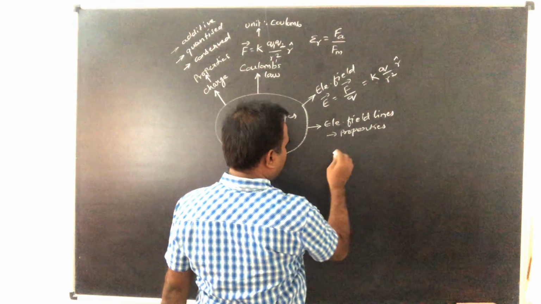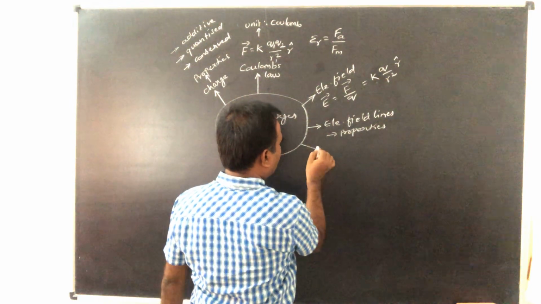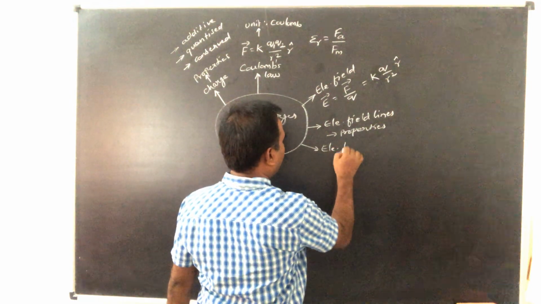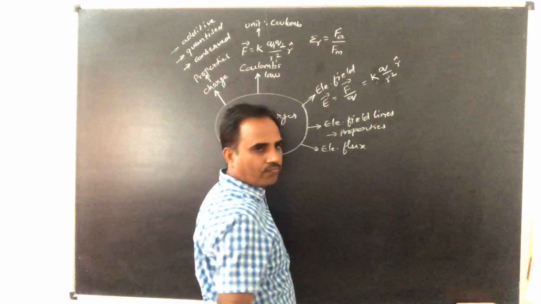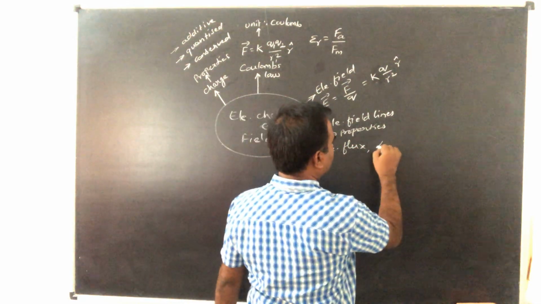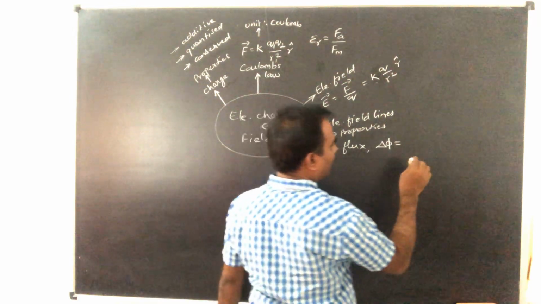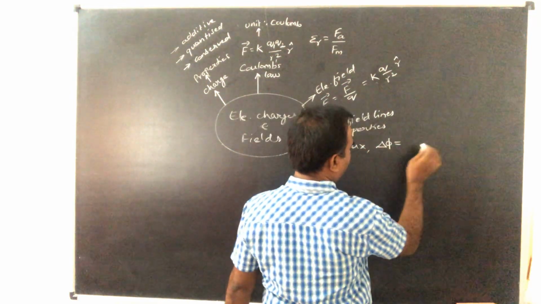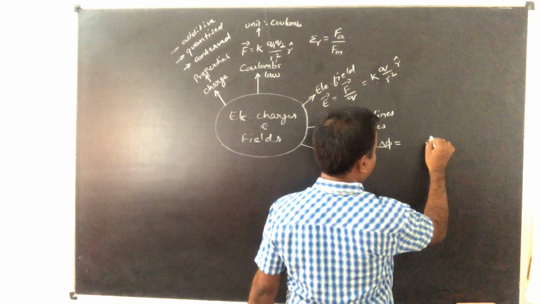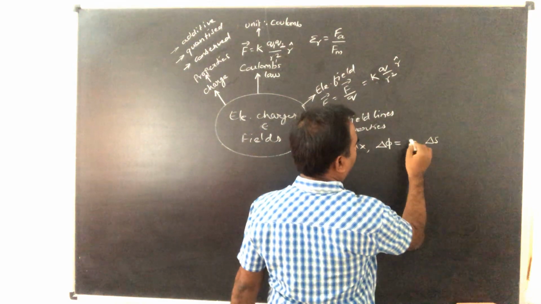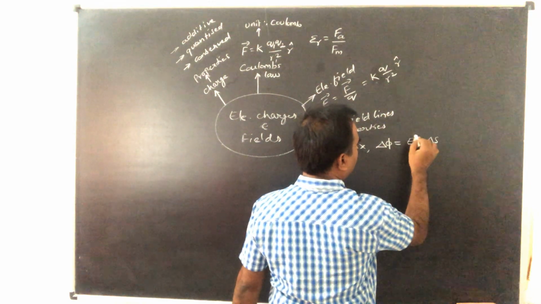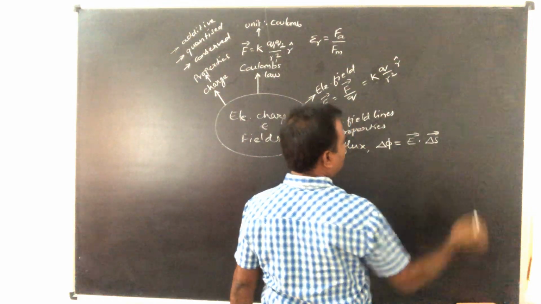Next, from the concept of electric field lines, we define this electric flux. So this electric flux d phi through a small element of area delta s at a point where the electric intensity is E is given by this equation.